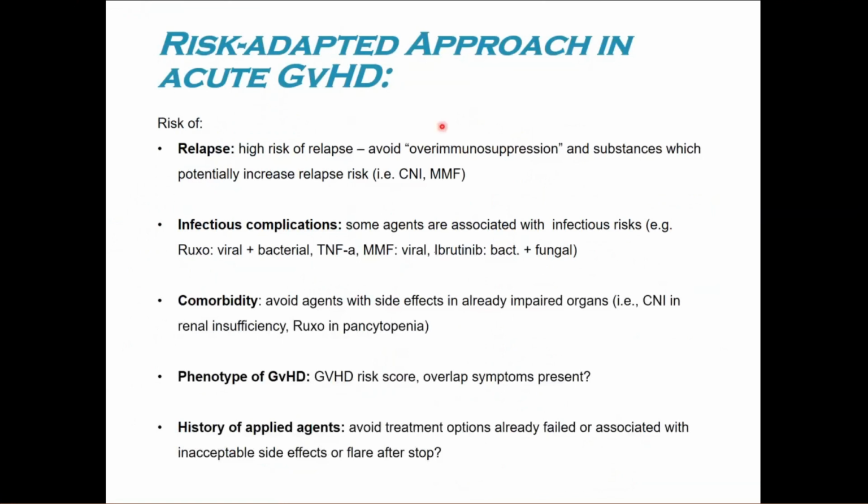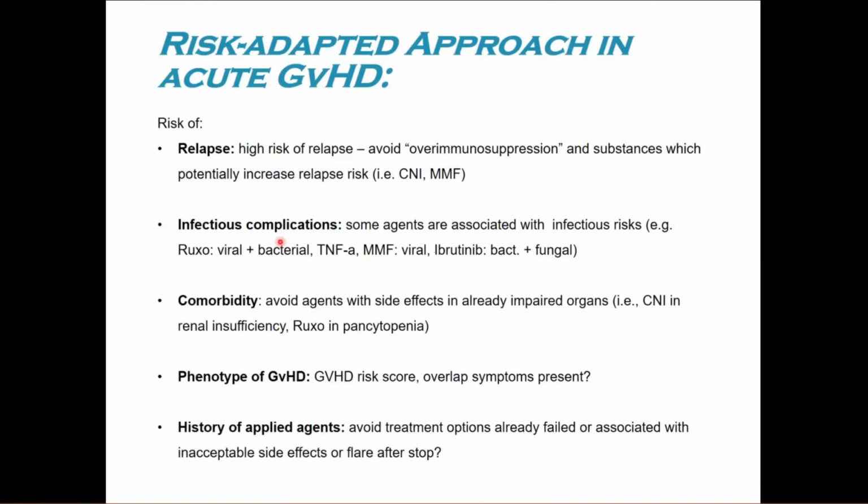So if we consider the risk of relapse, we should avoid over-immunosuppression, which means substances with a potential increase of the relapse risk, like calcineurin inhibitors and MMF, may be avoided in a special subgroup of patients.